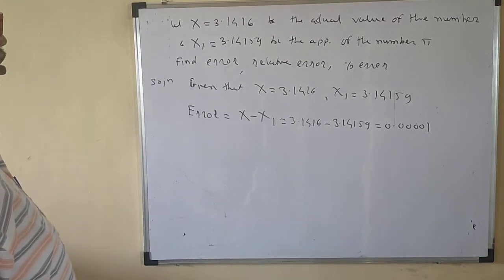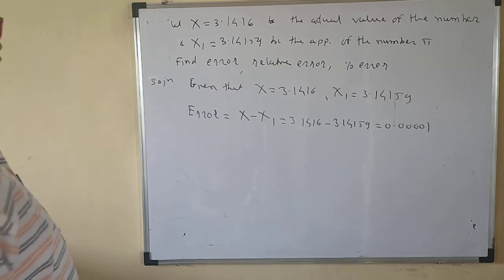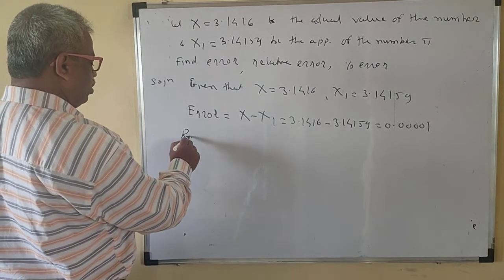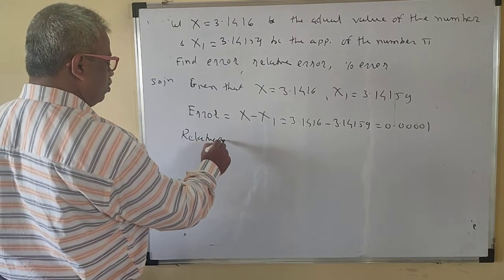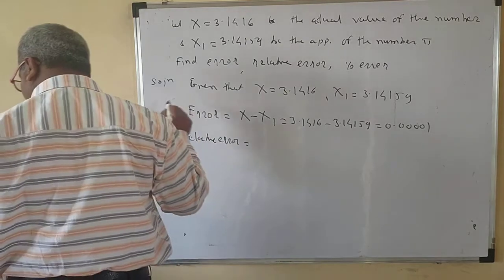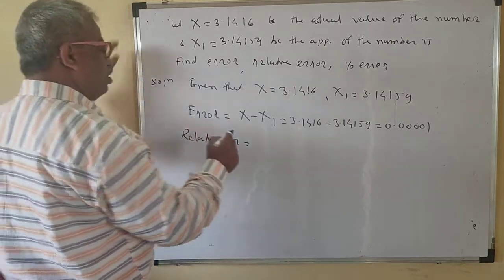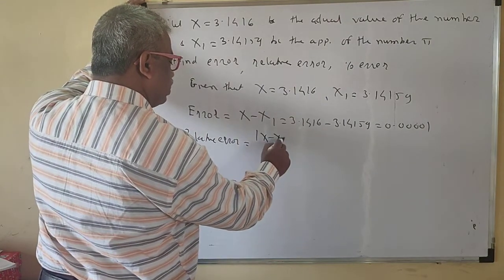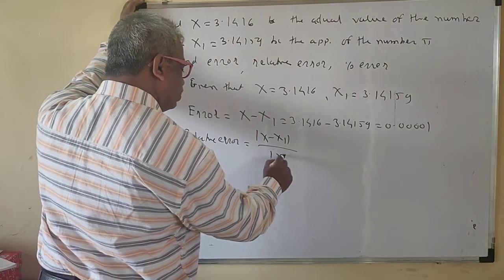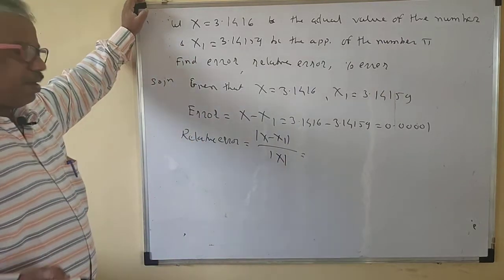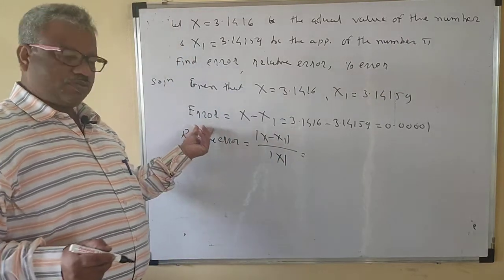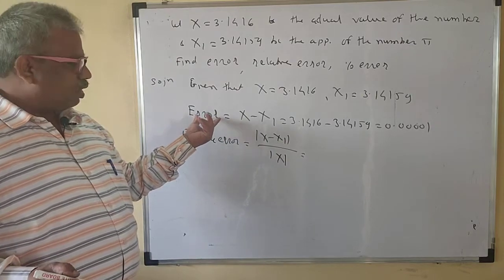Okay, next what you want? You want the relative error. What is the formula for relative error? Relative error is nothing but mod of x minus x1 upon mod x. That means you have to find the approximate error. No need to find the absolute error now here, because you have already got the error.